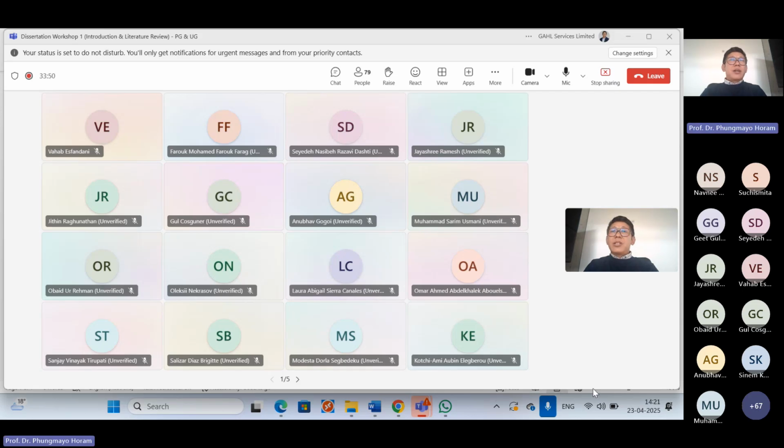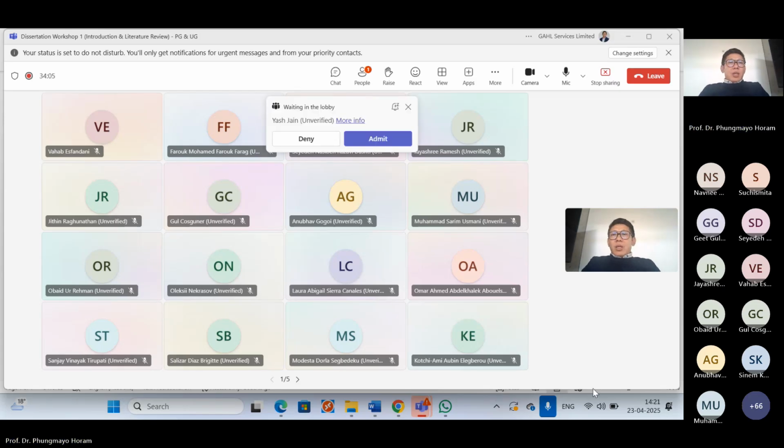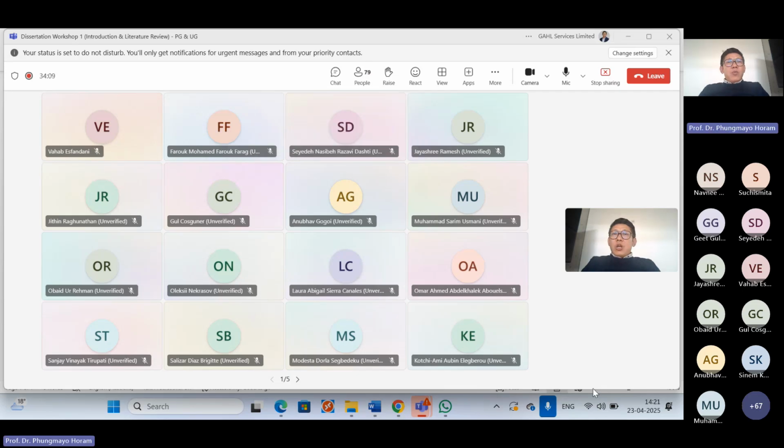Now, let's take a sample title, and then we'll see whether the title makes sense. Right. So any volunteer, anyone who has chosen a clear title, can anyone tell me your title, and then we'll check whether the title is good or not.